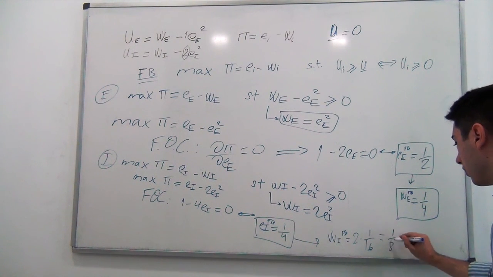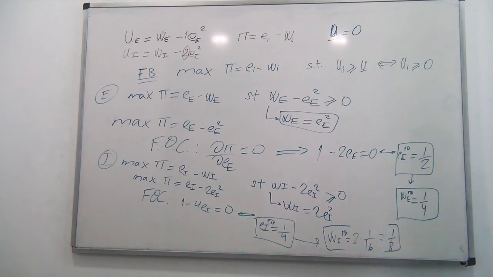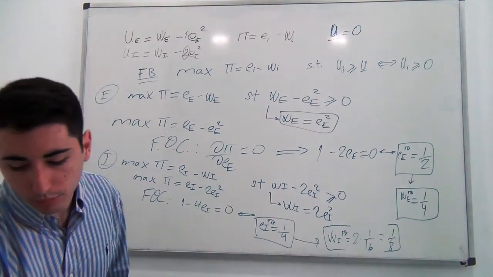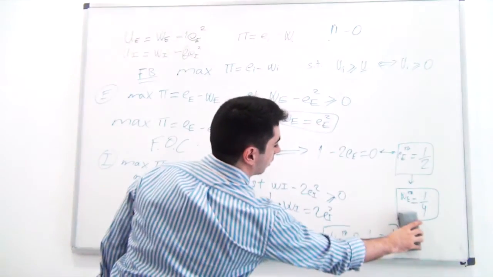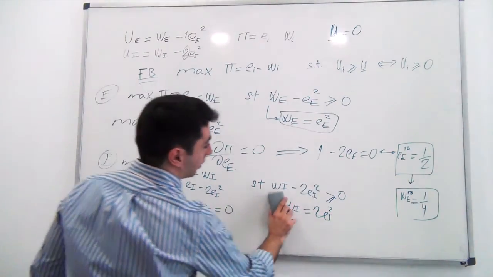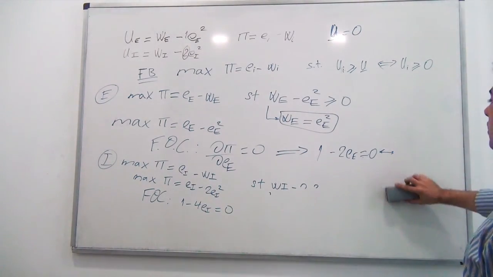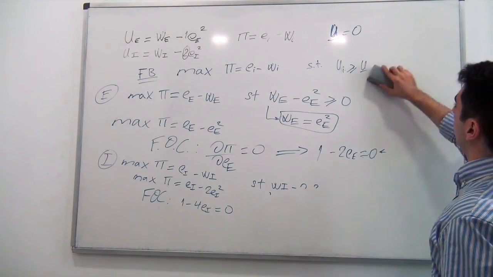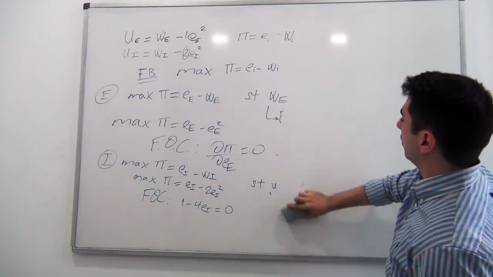Okay, so this is what would happen if the agent type was observable by the principal. There would be those contracts, those efforts and wages, and the agent, because he is rational, would accept.